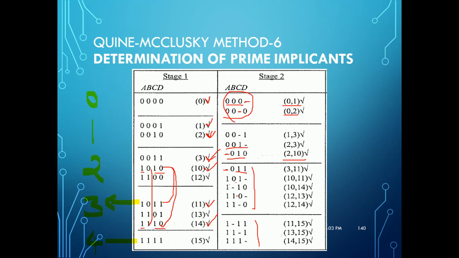Okay, next term is 12, 12th term. Can it be combined with 11? No, not possible. So try to combine 12th mean term with the next term, that is 13.